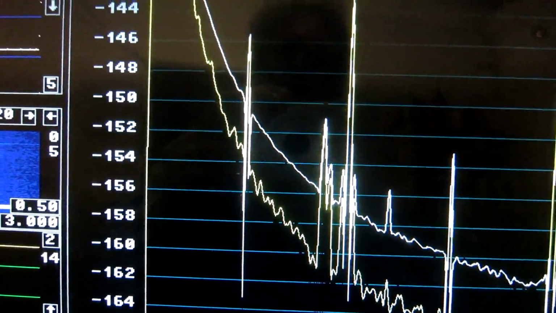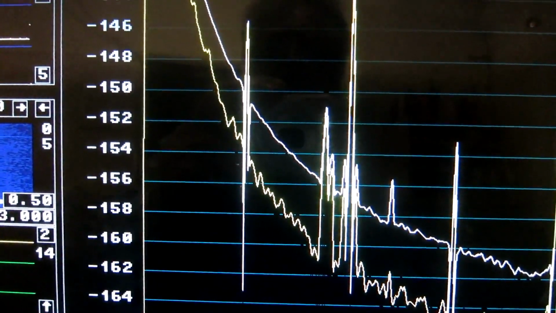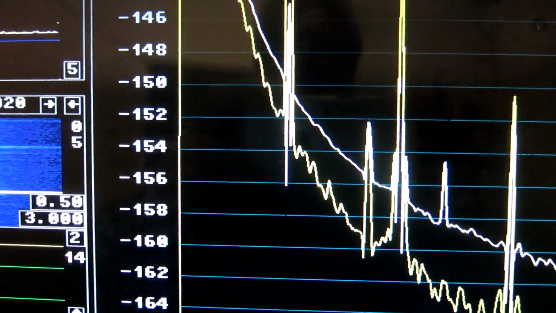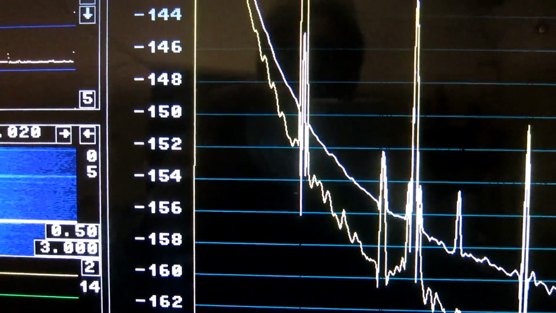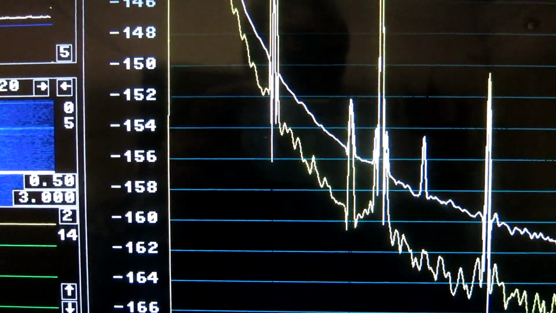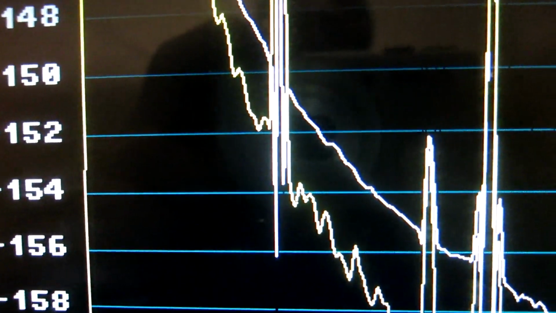And now I look at the image I saved with the other attenuator. And you can see here the phase noise is a little higher. A small difference, but it's there. The amplitude noise is not very different.